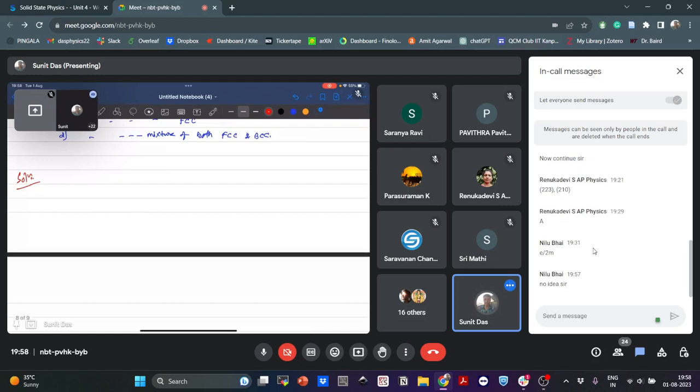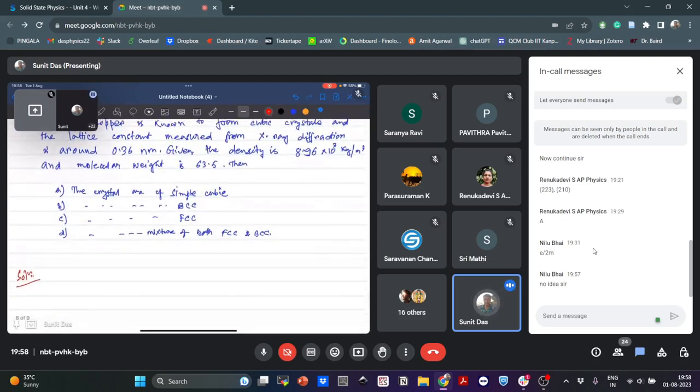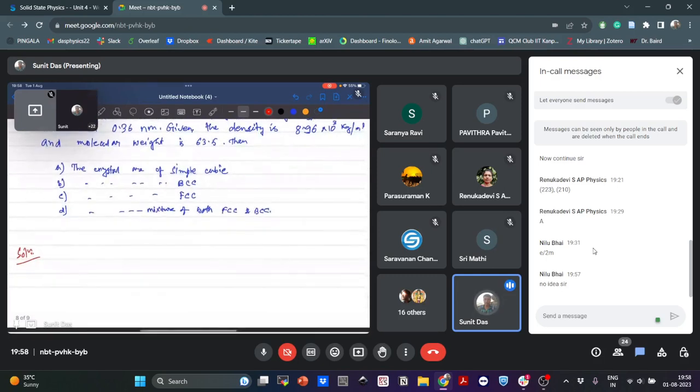So the idea is very simple actually, and you all know that. For BCC, FCC, simple cubic, or even hexagonally close packed, all of these different crystal structures have different coordination numbers, or the number of atoms per unit cell is different.